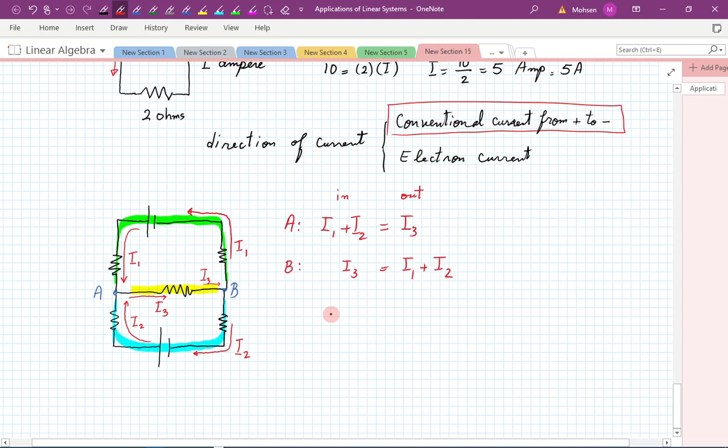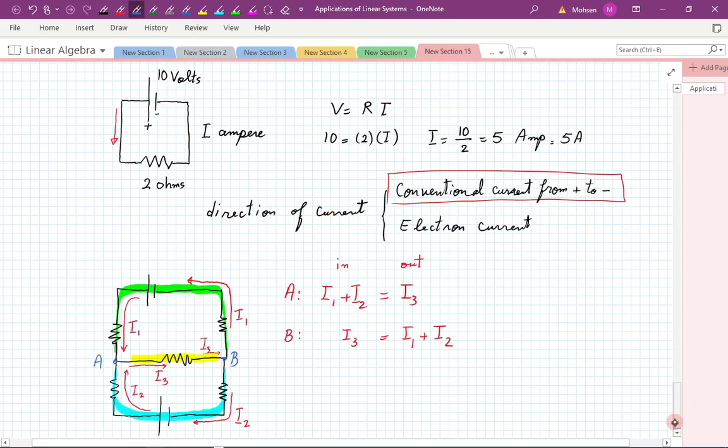Now coming to Kirchhoff's law, a more advanced version of Ohm's law. If you had one voltage, one resistor and one current, the situation is simple as we wrote it here.